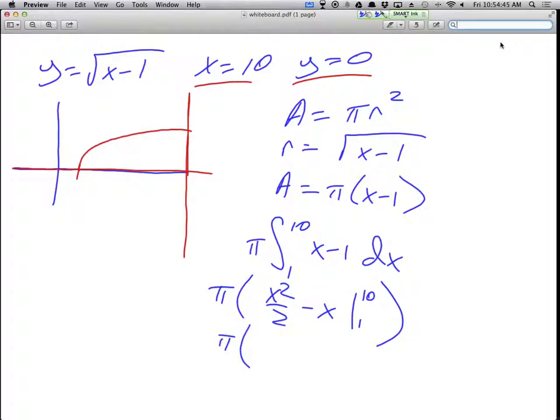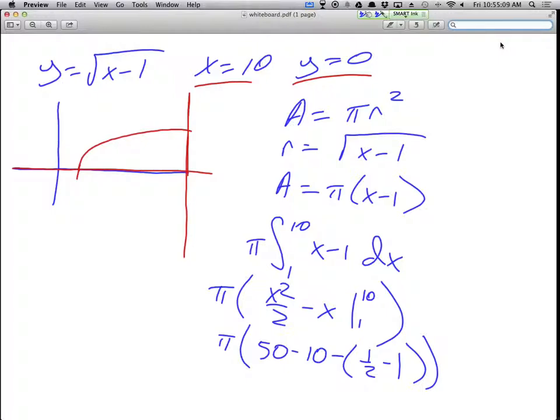Plug in 10, that's 100, divided by 2 is 50. Plug in 10 is going to give me 10. Plug in 1 is going to give me 1/2. Plug in 1 is going to give me 1. So 50 minus 10 is 40.